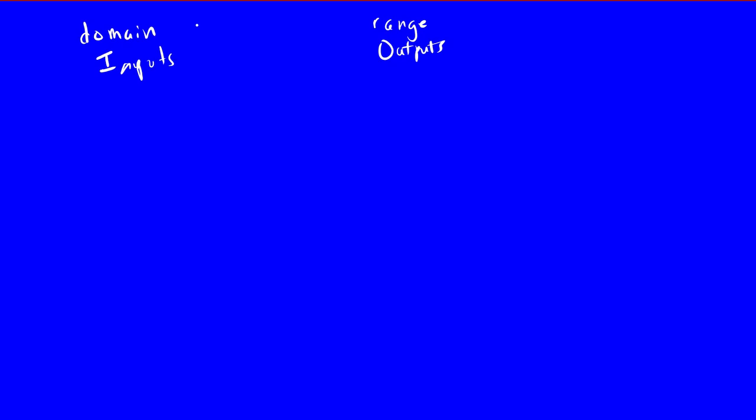Now, in the sense of graphing, domain values are going to be our x coordinates. Those we go over on the x-axis, and the range values are going to be our y coordinates. And we can see that through the set of ordered pairs. So let's look at an example here, and we can determine from the relation what the domain and range values are.